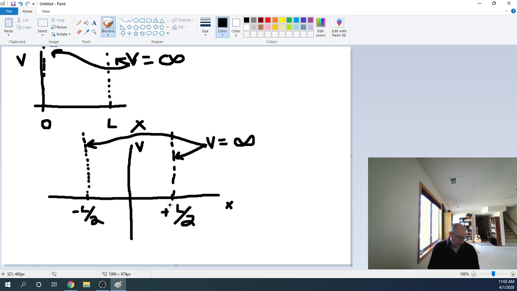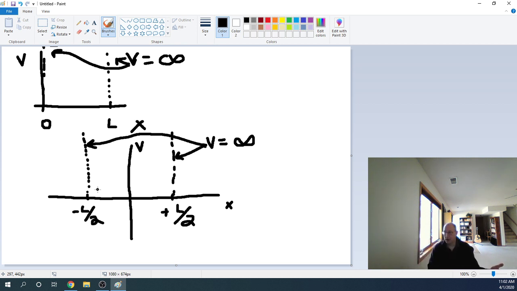And what it says in there is this potential is symmetric about the origin, which means if I look at the right-hand side and the left-hand side, they look the same. What that means for the wave function, because of the way the Schrodinger equation works out, is that if the potential is symmetric about the origin, then there's nothing different about the right half of the box as opposed to the left half.